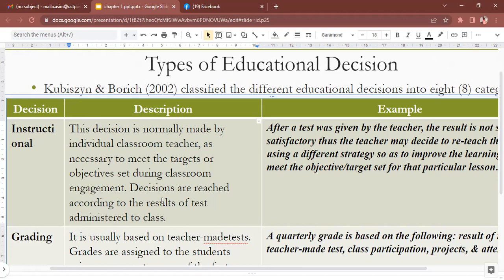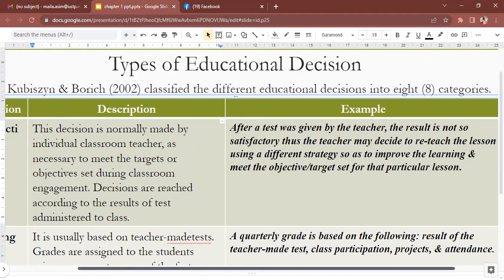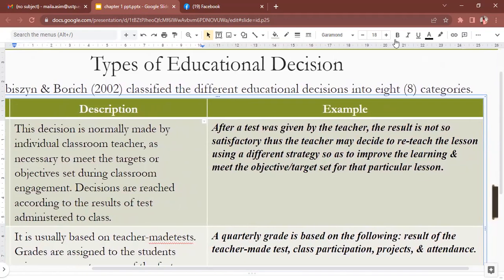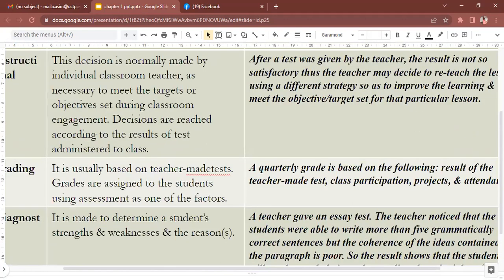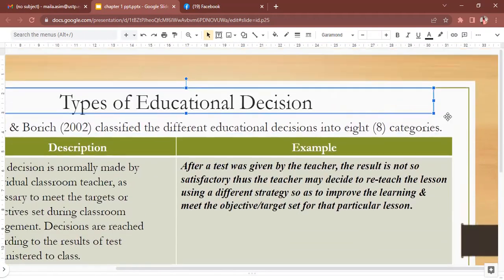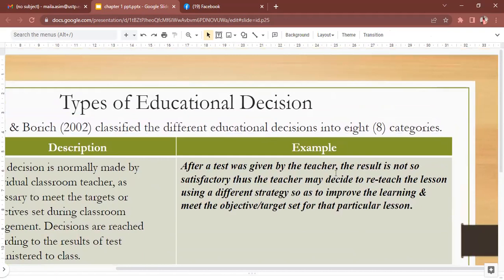Decisions are reached according to the results of tests administered to the class. So here we see what possible instructions to give the students. Okay, so for example, after a test was given by the teacher, the result is not so satisfactory.